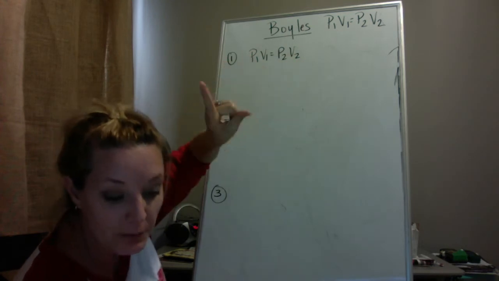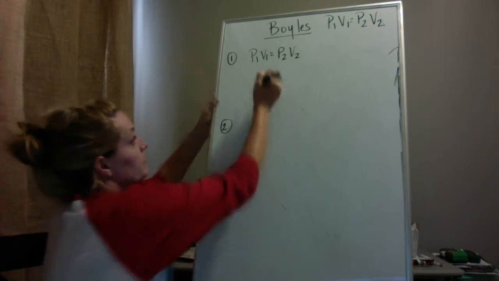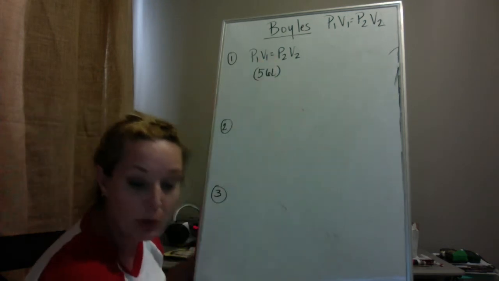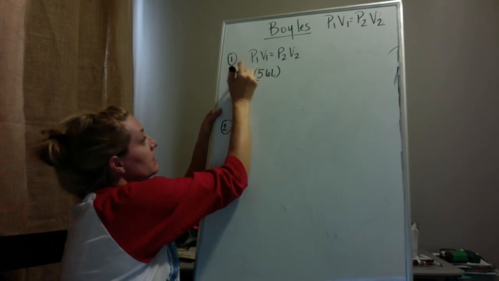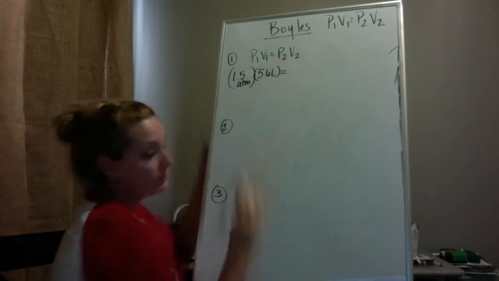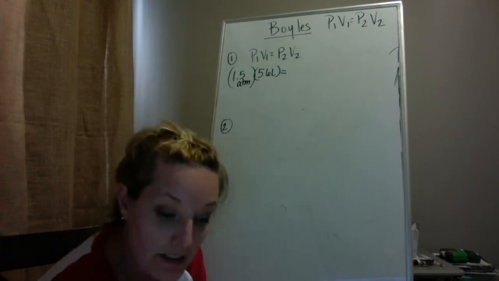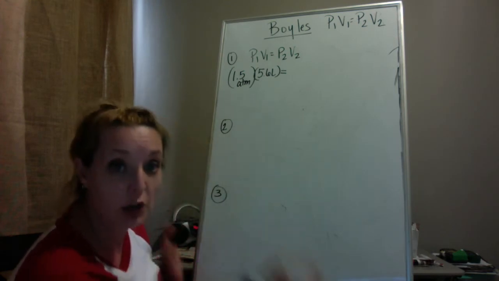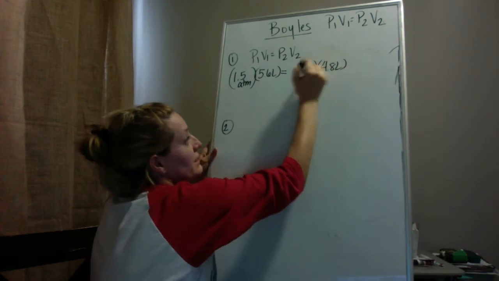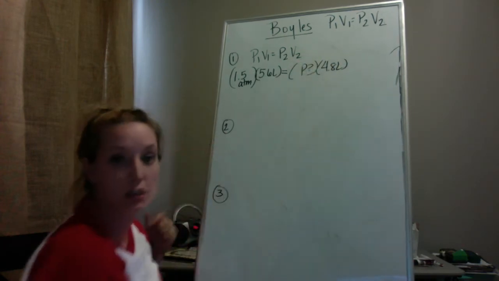So you have 5.6 liters, which is a volume, at a pressure of 1.5 atm. The gas gets compressed until its volume changes to 4.8 liters. What is the new pressure?